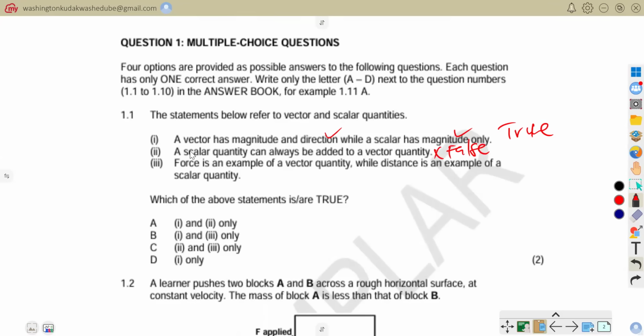We can only add a scalar to a scalar, a vector to a vector. Force is an example of a vector quantity, while distance is an example of a scalar quantity. That is actually true. Which of the above statements is or are true? We only have statement number 1 and statement number 3 being true. So our correct answer there was going to be B.